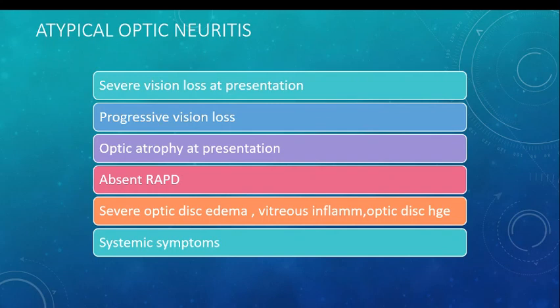A patient having severe vision loss at presentation which is progressive, and sometimes presenting with optic atrophy at presentation, also shows that this is atypical optic neuritis.